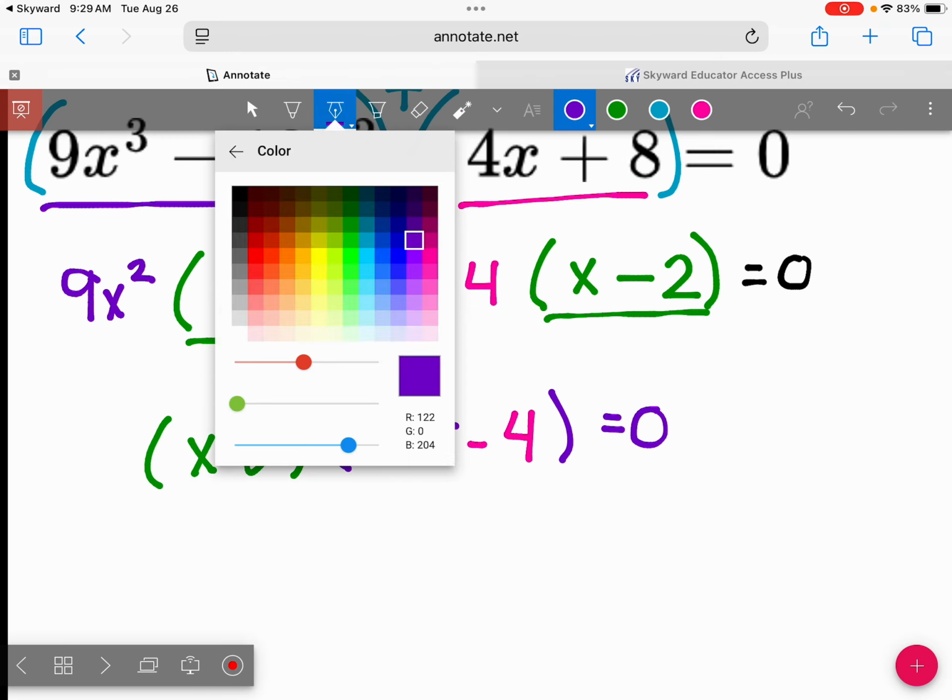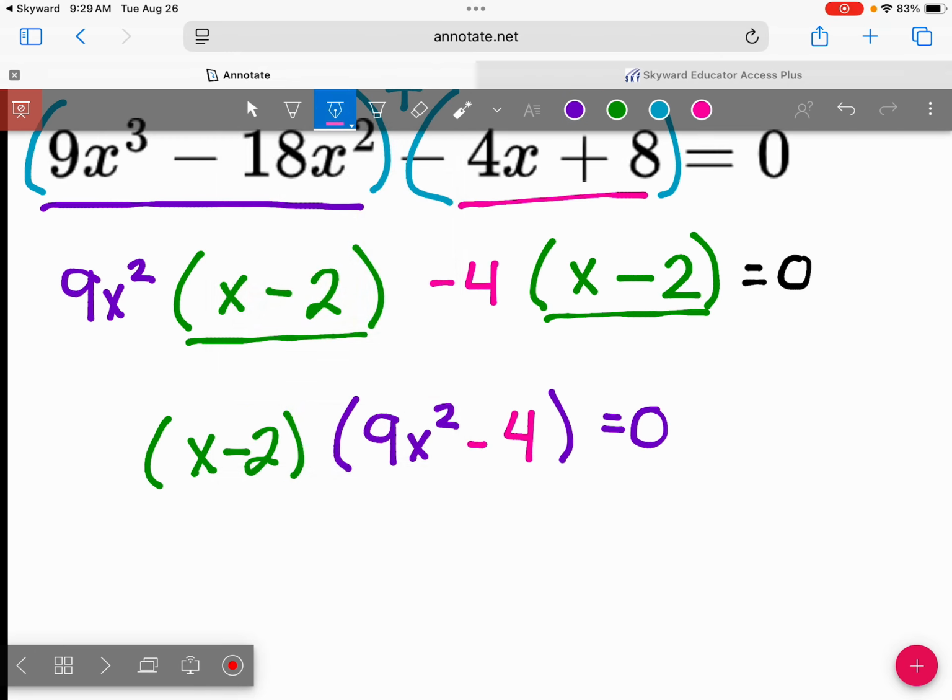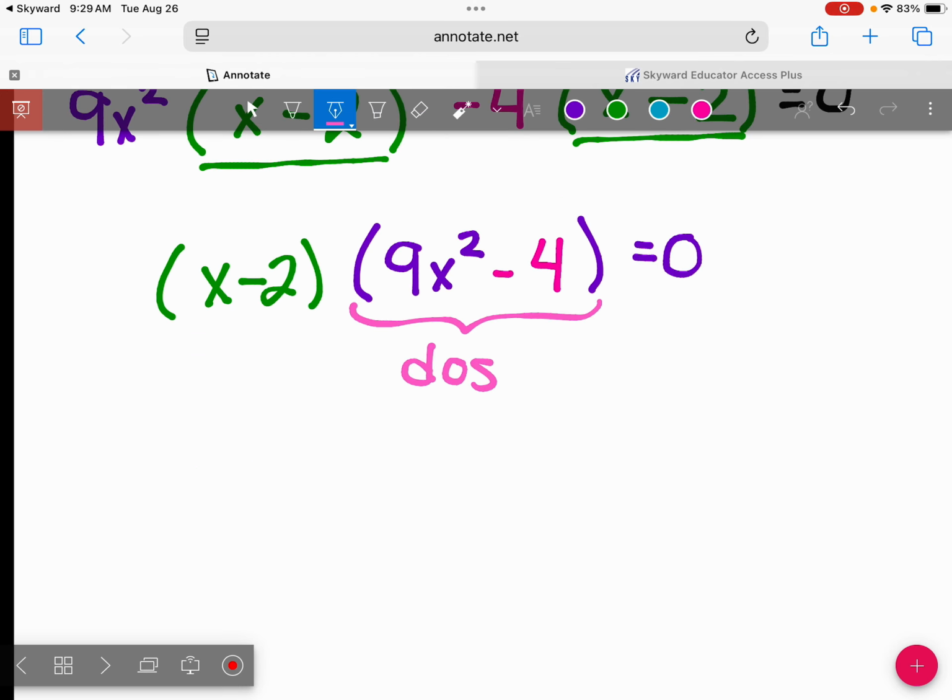Yes, it absolutely is. This guy right here is a difference of squares, which I tend to just write DOS because lazy. So if I want to put that into factored form, what squared gives us 9x squared? 3x. So that's what's in the front.